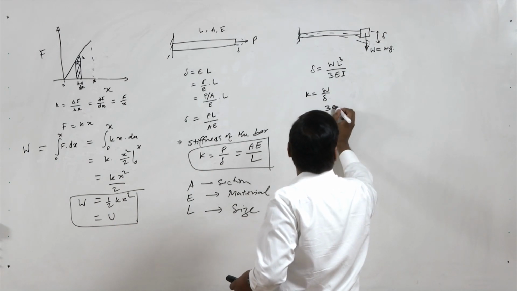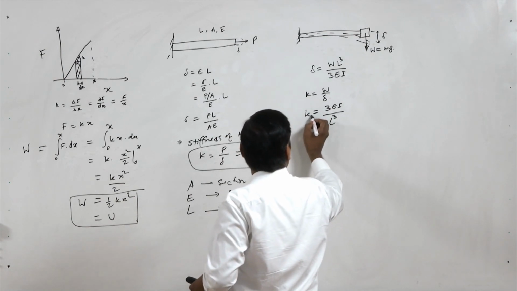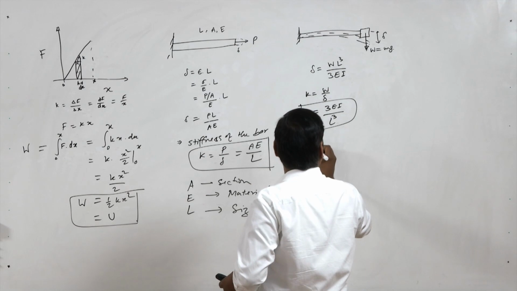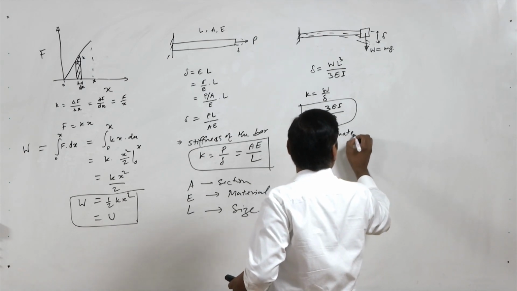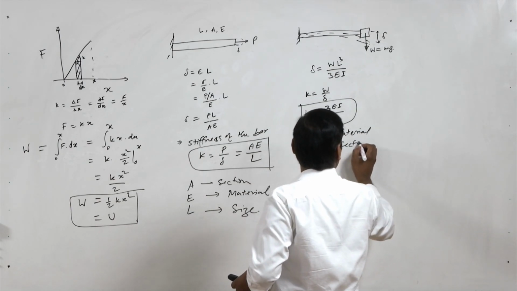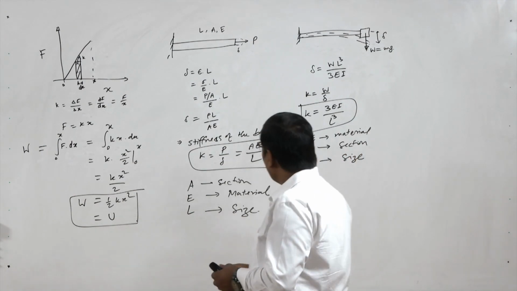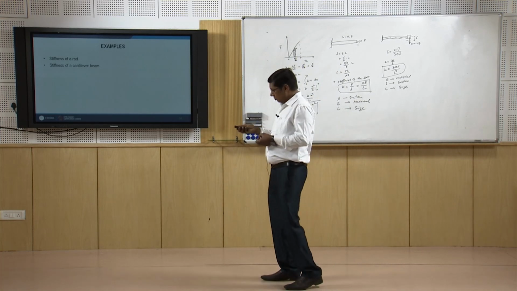So it is 3EI by L cube. Again here we see that the stiffness K is a function of E, I and L. So E is material, I is section, it is section properties, this is representing the size. So stiffness is depending on these factors.